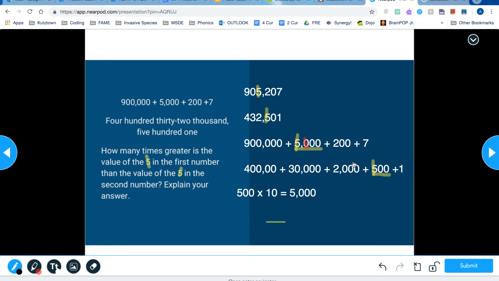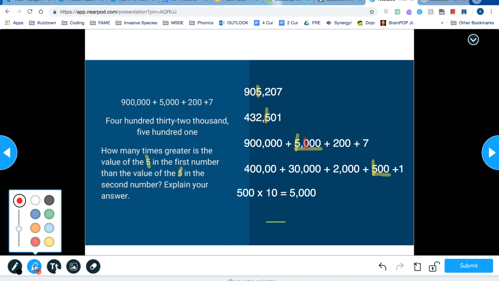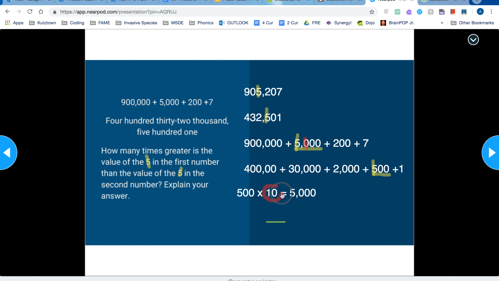So I know the value of the 5 in 5,000 is 10 times greater than 500 because we had to multiply 500 times 10 to get to, not 10,000, excuse me, 5,000. So it is 10 times greater.